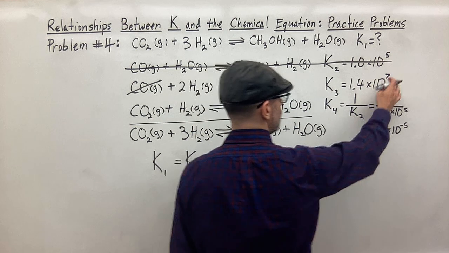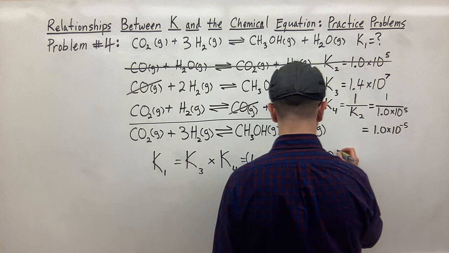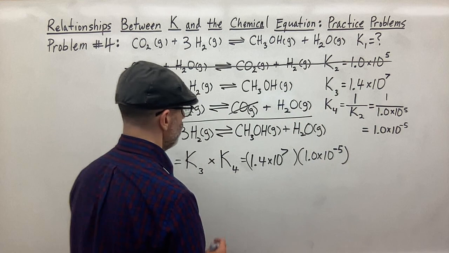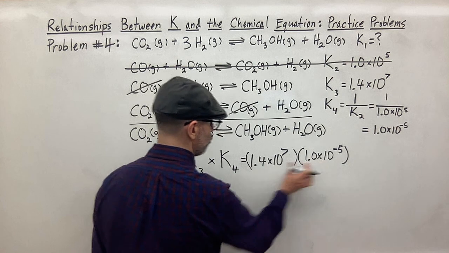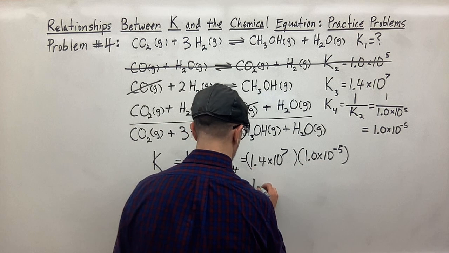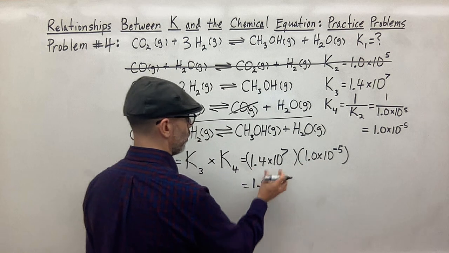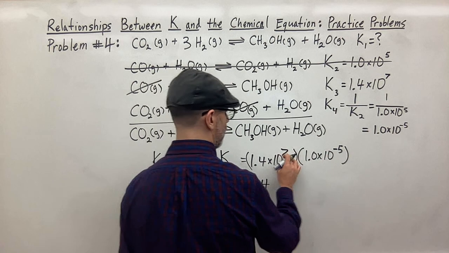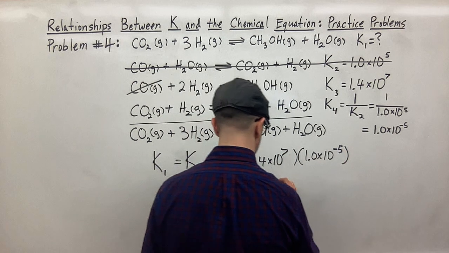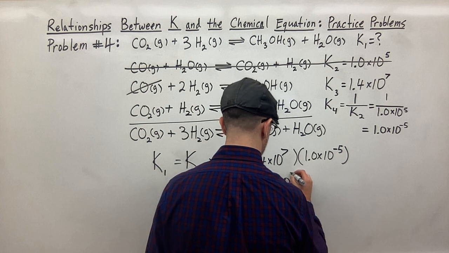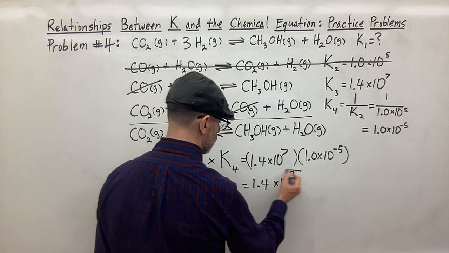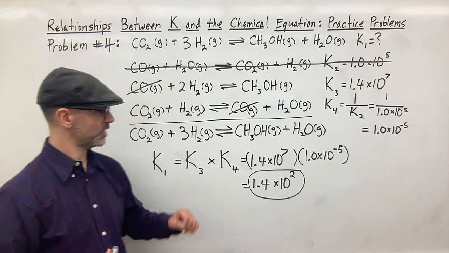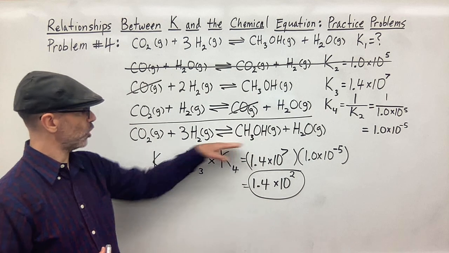So got a power of 7 there. And then this is negative 5. So when I multiply these two together, I get 1.4. When I multiply these together, I'm adding the exponents. So 7 minus 5 gives me a 2. So that, ladies and gentlemen, is the k value, the equilibrium constant for my resulting equation.